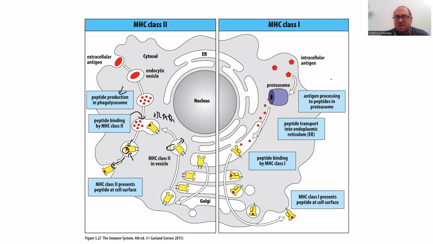Whereas for class 1, again, these are for intracellular antigens. So we're talking about really viral antigen, normal human antigen, and cancer antigens. And what we see is the breakdown of these antigens via the immunoproteasome allows for the production of peptides.